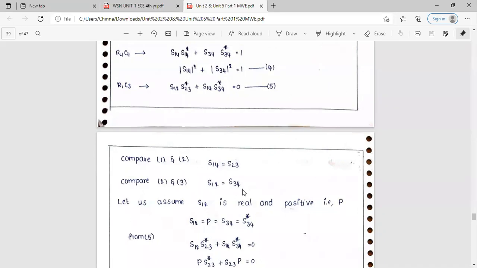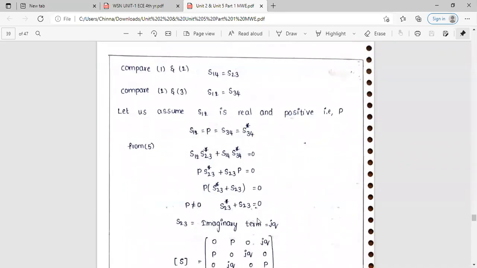So let us assume that S12 is real and positive, and denote it as P. Here we are taking S12 as a real and positive value, assumed as P. So S12 is equal to P, and S34 conjugate is also P. From equation 5 we can replace here.